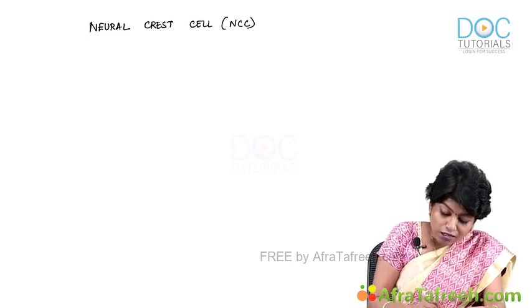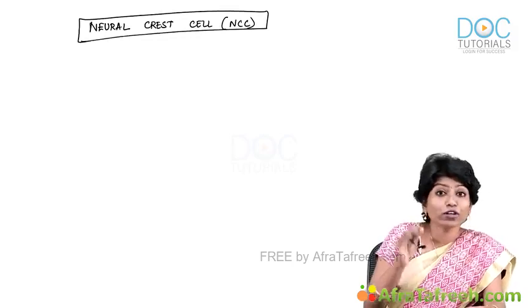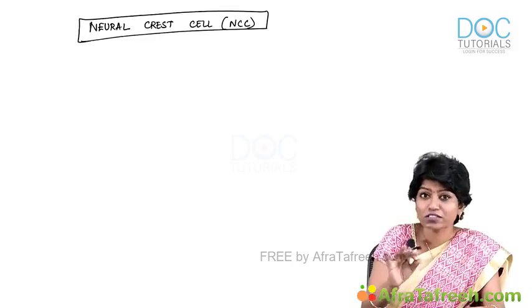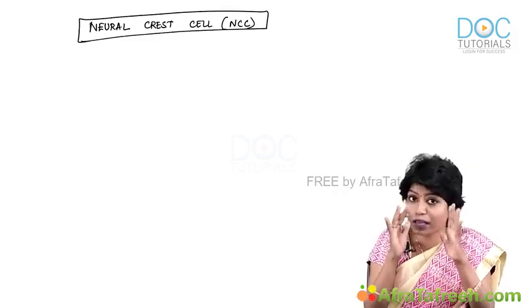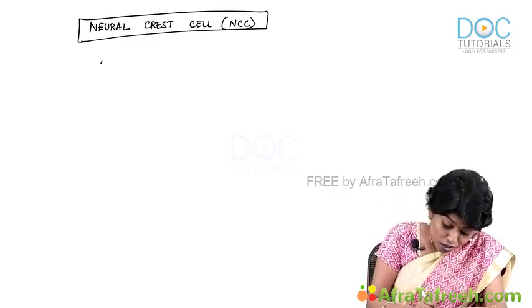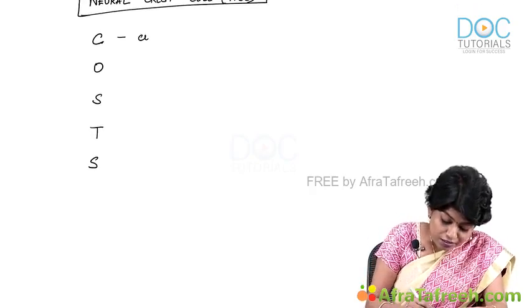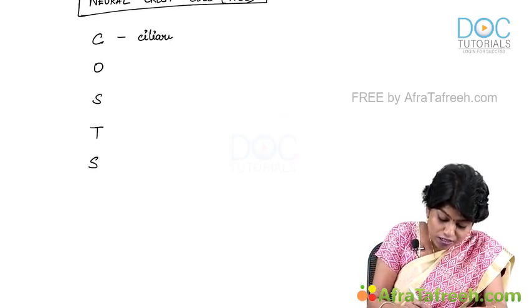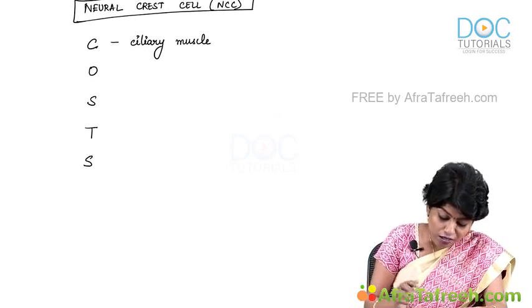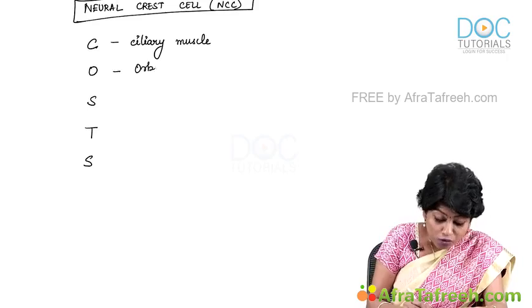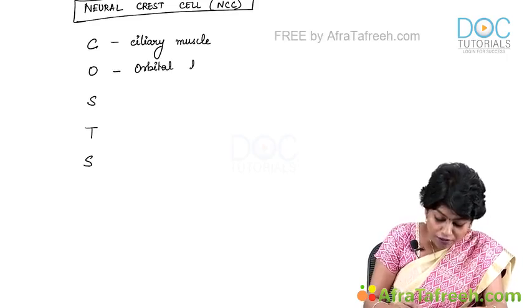NCC. Now, in NCC, I want you to remember a few structures offhand. So, even in your sleep, you should be able to say what are those. One is ciliary muscle. Okay, so ciliary muscle arises from neural crest cell. The orbital bones.